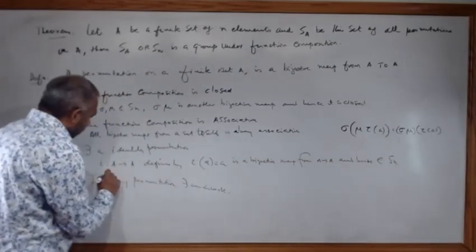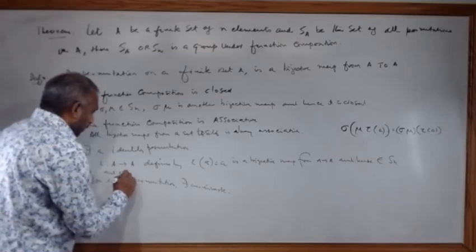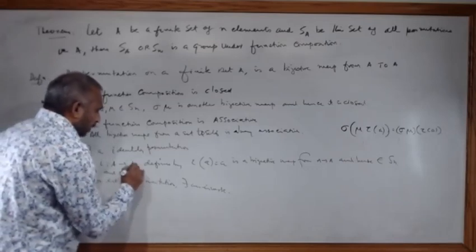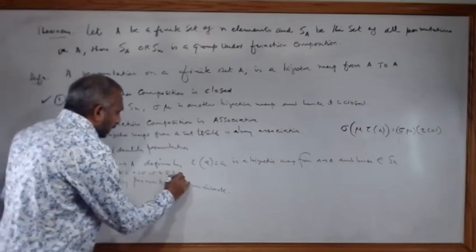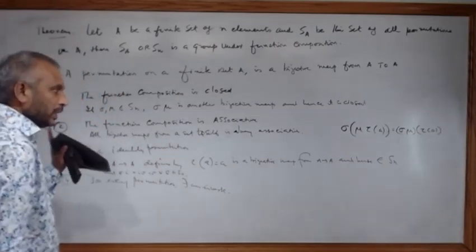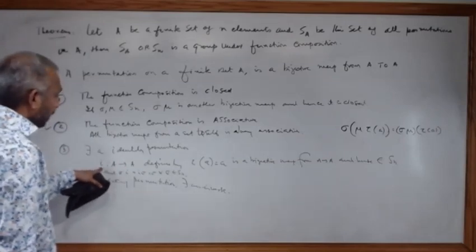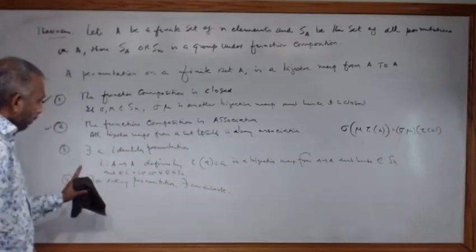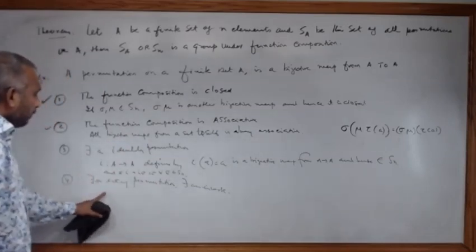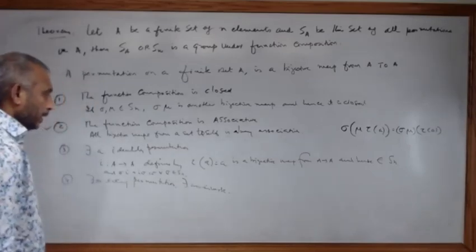And sigma of I is equal to I sigma is equal to sigma for all sigma in Sn. That's no problem because with this identity you are not moving any element. So the only thing we need to prove is that for every element there exists an inverse.